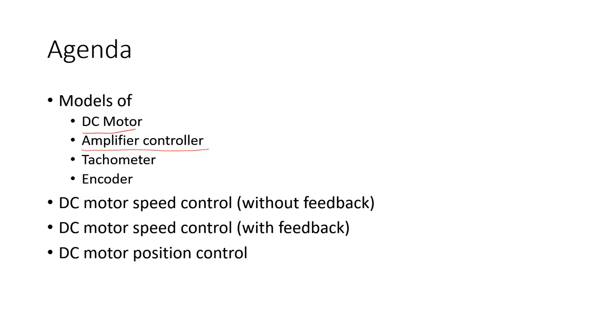In addition, we shall also look at the models for the tachometer and the encoder. These are basically the components to provide feedback concerning the speed as well as the angular position of the motor.